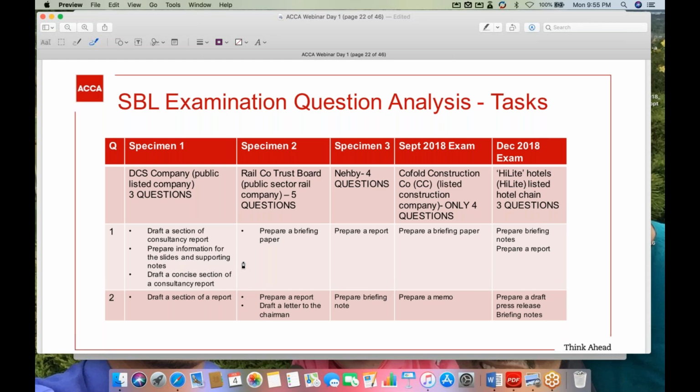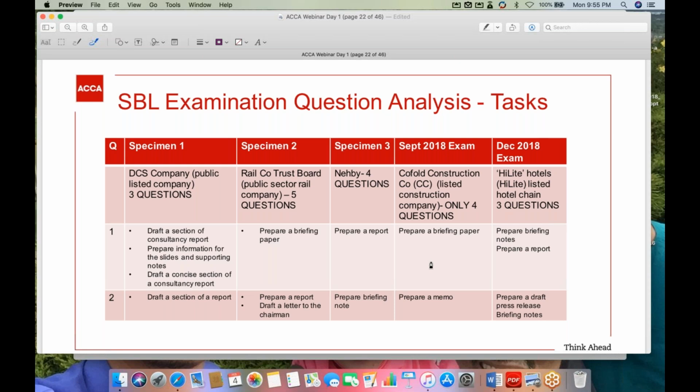For specimen 2, they are asked to prepare briefing notes. Specimen 3, a report. September 2018 is also a briefing paper. And December 2018 is preparing briefing notes and preparing a report.